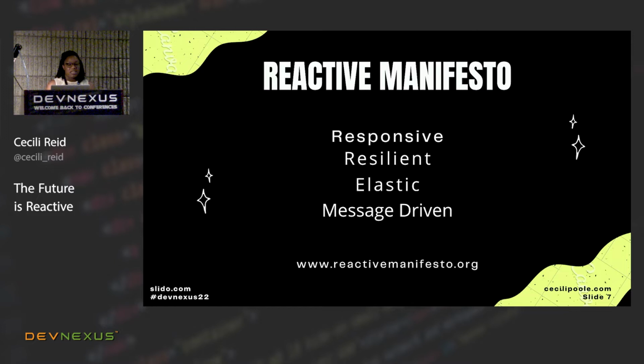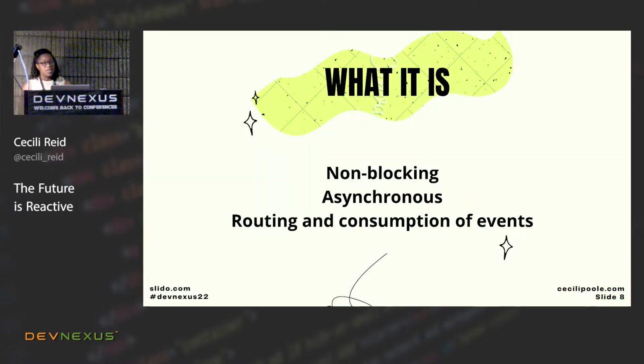And the last thing, the thing that was important to me, is they are message-driven. This message-driven principle hints to asynchronous and non-blocking messaging. Basically, that's what reactive programming is. It's all about asynchronous communication, non-blocking messaging, where you don't want to block the thread that you're currently in to do a piece of work.